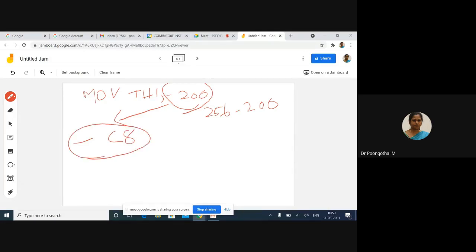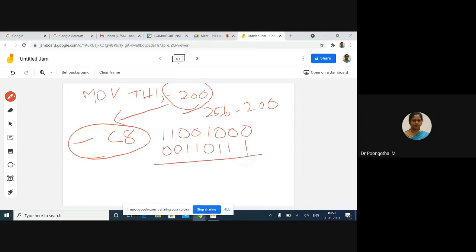What is the binary for C8? 1 1 0 0 1 0 0 0. Okay, so convert into ones complement 0 0 1 1 0 1 1 1.